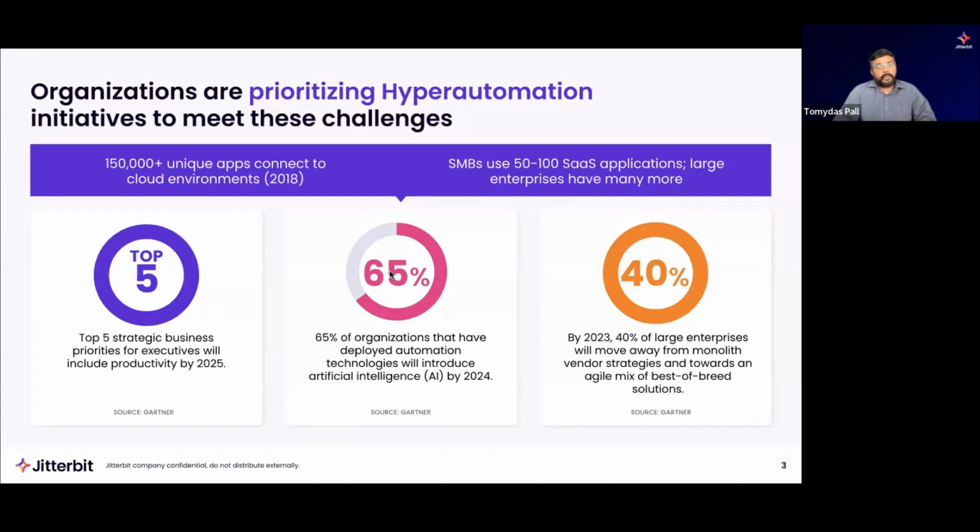More than two-thirds of companies are prioritizing automation. And when they are moving towards automation, there's a whole push towards artificial intelligence and machine learning, the so-called hyperautomation.